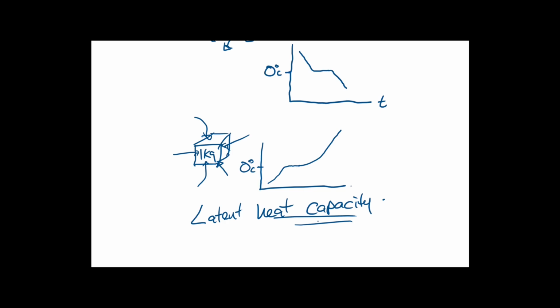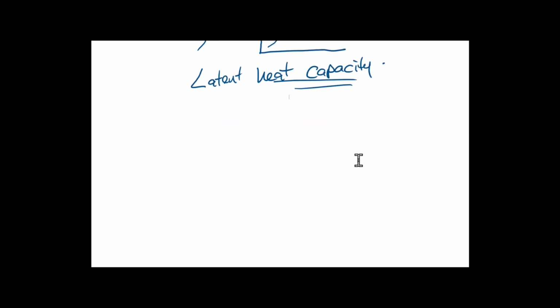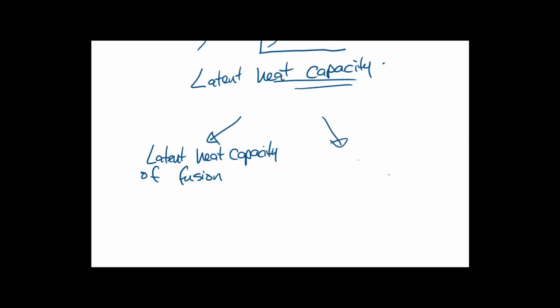All right. Now, just to confuse things a bit more, there are 2 types of latent heat capacity. So there is the latent heat capacity of fusion, and the latent heat capacity of vaporization.